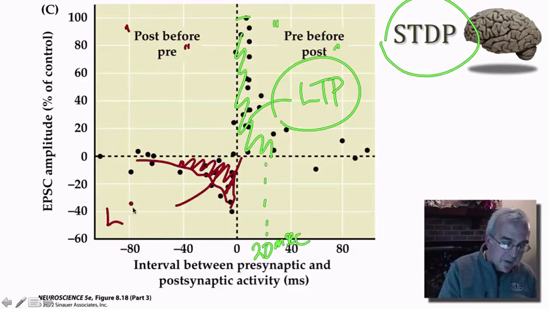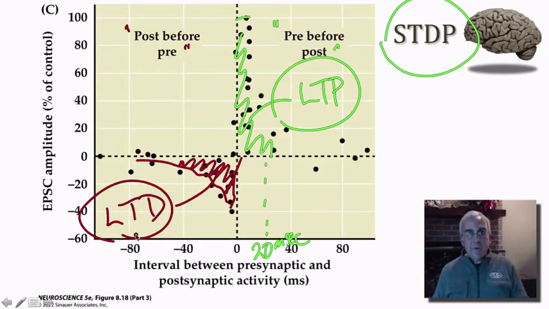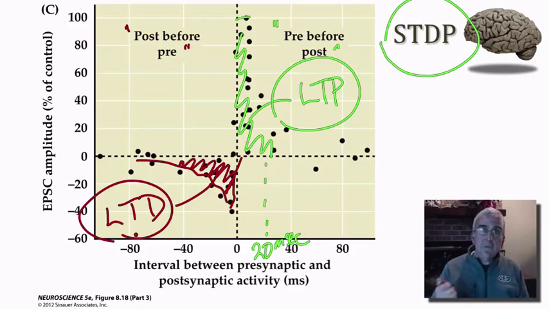So this now is long-term depression, where the excitatory postsynaptic current is actually diminished when the firing of the postsynaptic cell precedes the firing of the input in question. We might imagine that this post-before-pre is a picture of incoordination between the pre and postsynaptic elements in question.